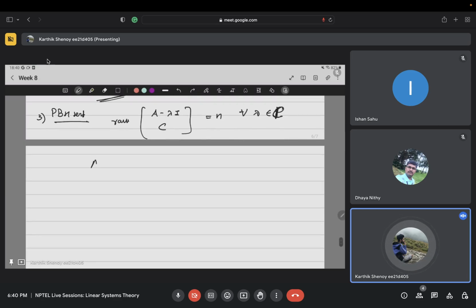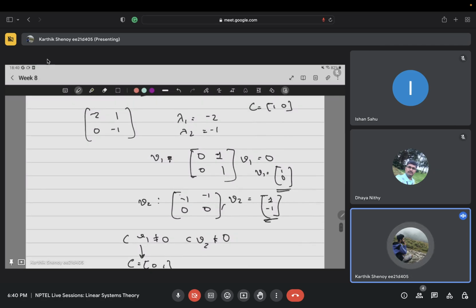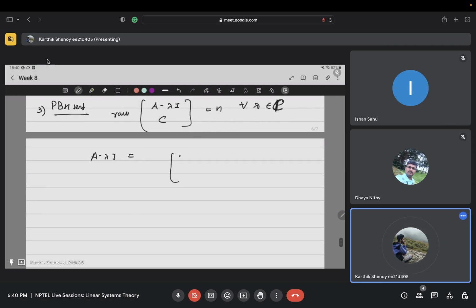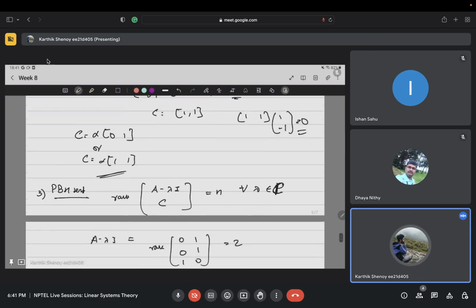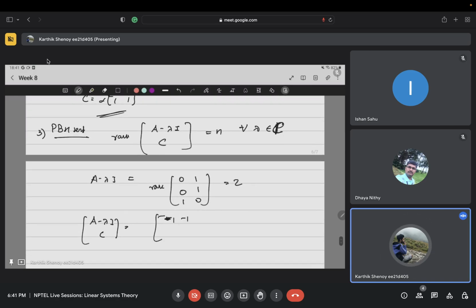So what is A minus lambda I? In the first case we already found that A minus lambda I is 0 1 0 1, and C was 1 0. So the rank is 2. And in the second case, A minus lambda I is minus 1 0 0, minus 1 0 0, and C was 1 0.